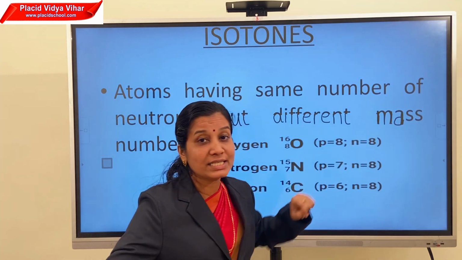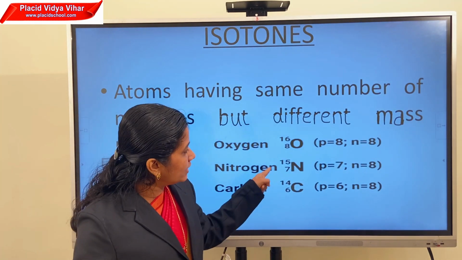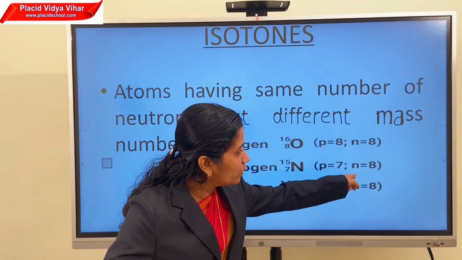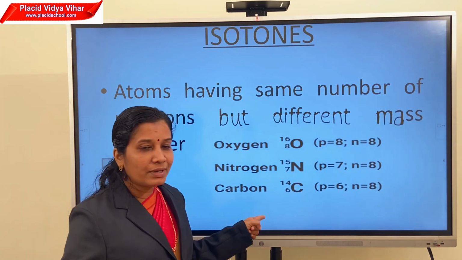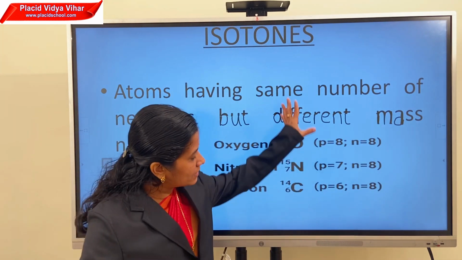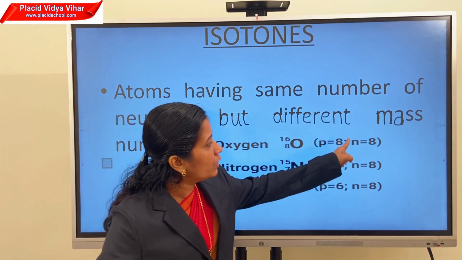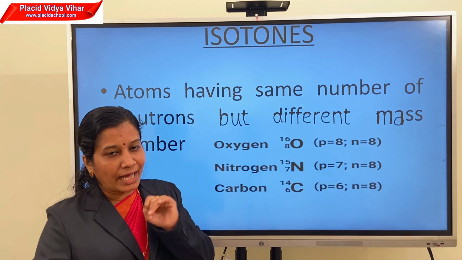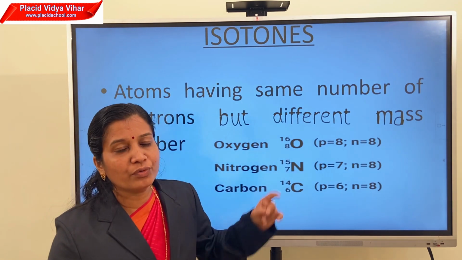Number of neutron is 8. Then nitrogen N 7-15. Proton 7, neutron 8. Then carbon 6-14. Proton 6, neutron 8. So what is same in all these 3 cases? Neutrons same. So that is the isotone. Atoms having same number of neutrons.